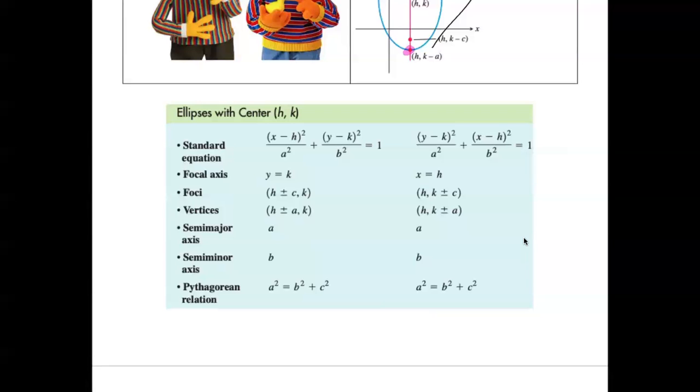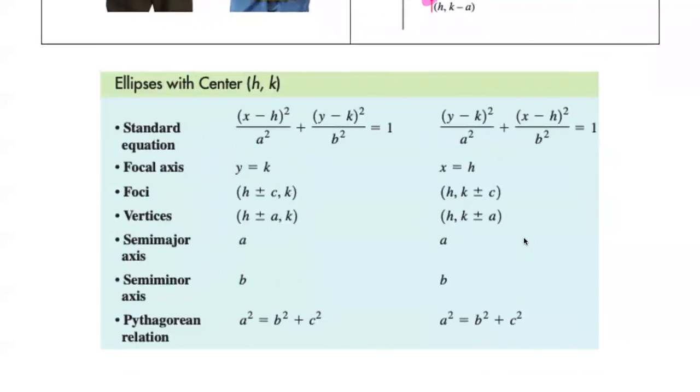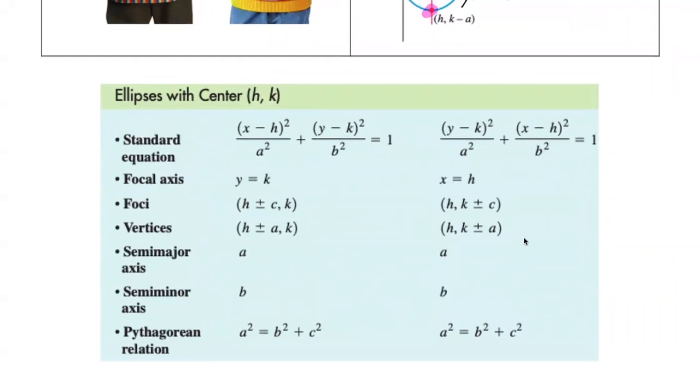And I will say that sometimes it gets confusing because they use the same letters in different places. And so the way that this particular textbook works, the A, they're assuming that A is always bigger than B.